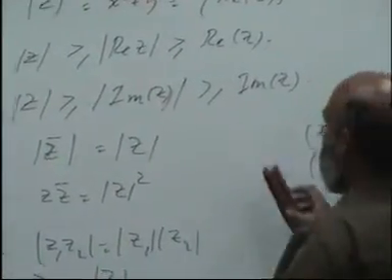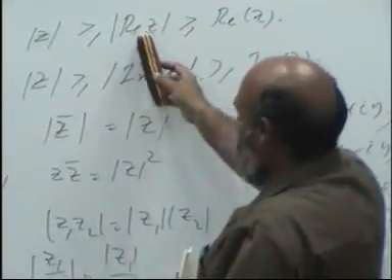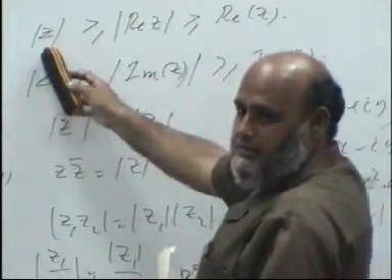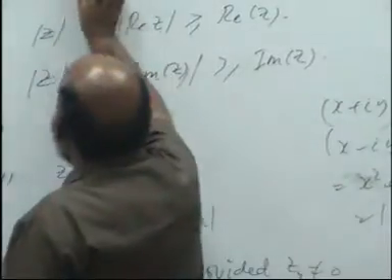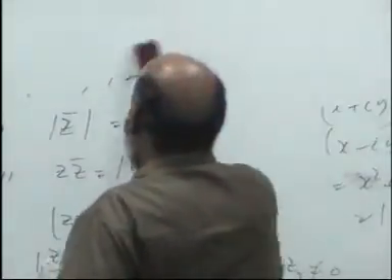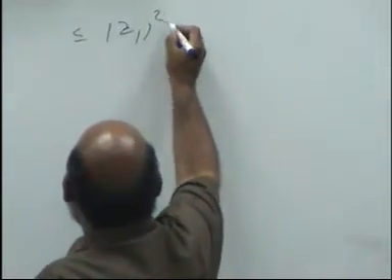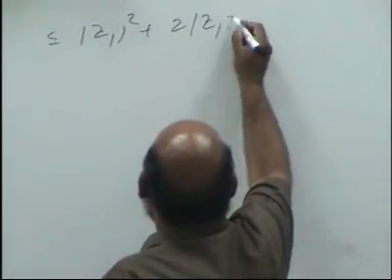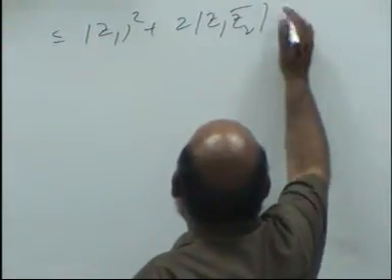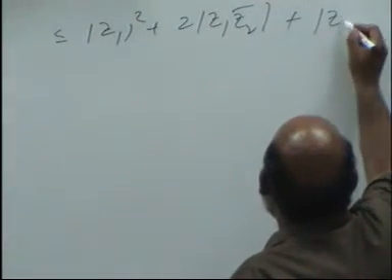Now again, real of z is less than its mod. So we are using this result again. Further it is less than or equal to z1 square plus twice z1 z2 conjugate plus z2 square.